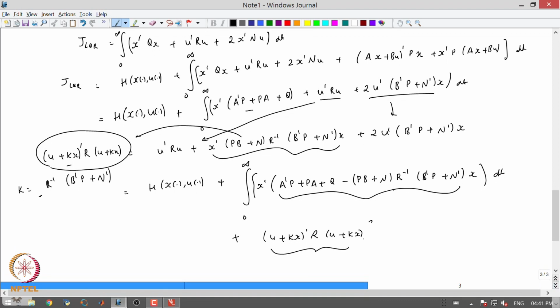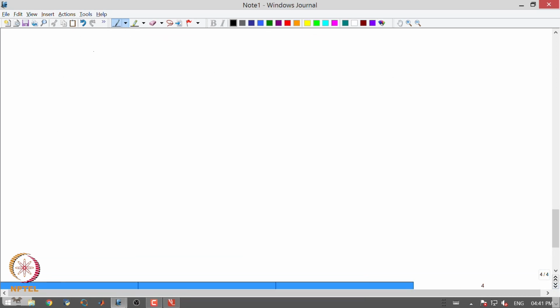So, first let us check this. If I put this to 0, which means A transpose P plus PA plus Q minus (PB plus N) R inverse (B transpose P plus N transpose) equal to 0, how can I put this to 0?